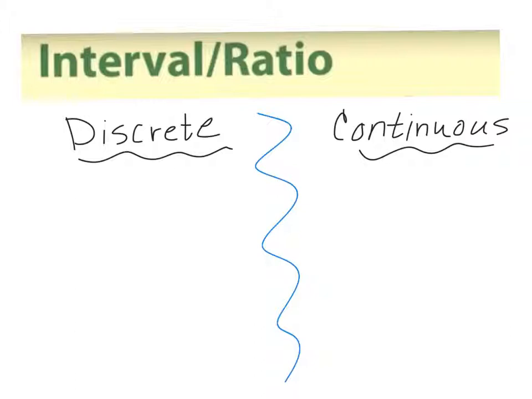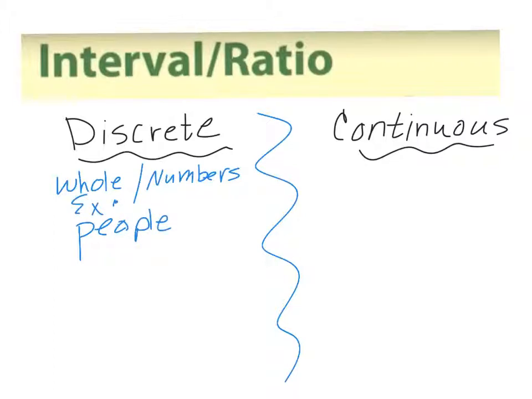Discrete data primarily involves whole numbers or things that can be counted, so frequently things like your number of people. A good rule of thumb for discrete data is to ask yourself, can I have 2.5 people? If you can't have 2.5 people, that means it's discrete.